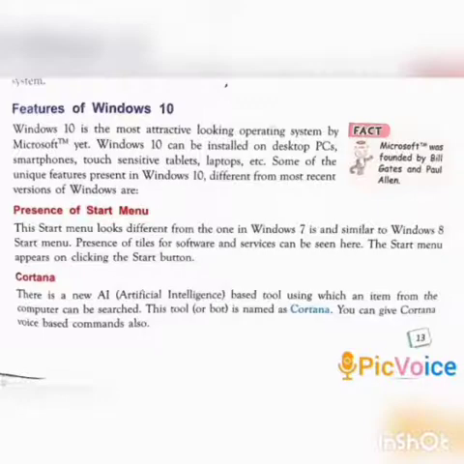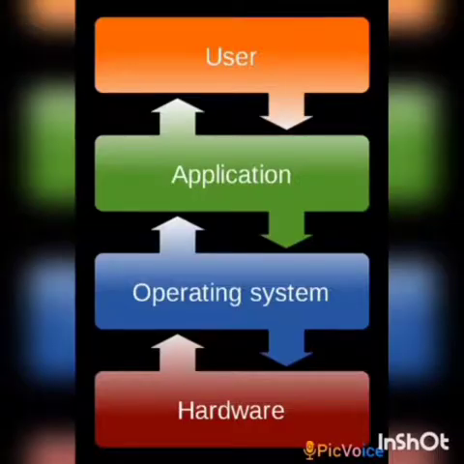Windows 10 is the most attractive looking operating system by Microsoft. Windows 10 can be installed on desktops, smartphones, touch sensitive tablets and laptops. You already know Windows 10 is the latest operating system.